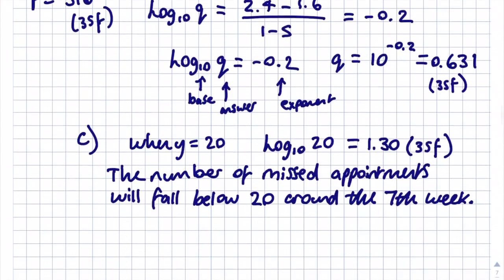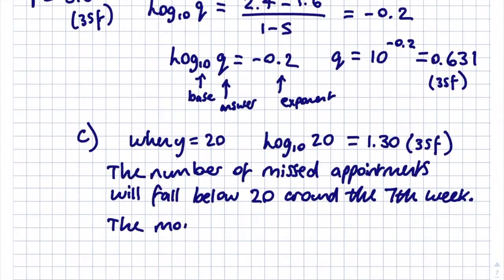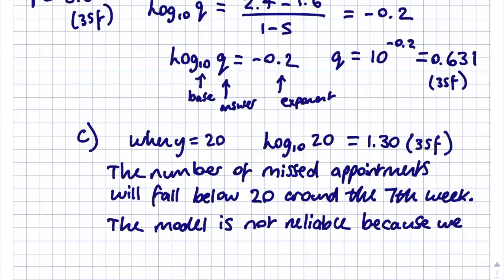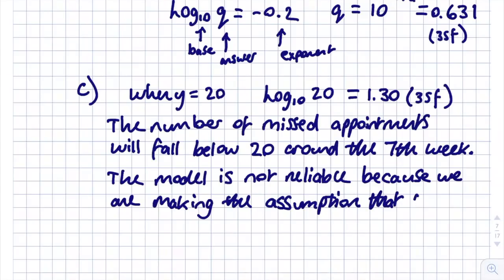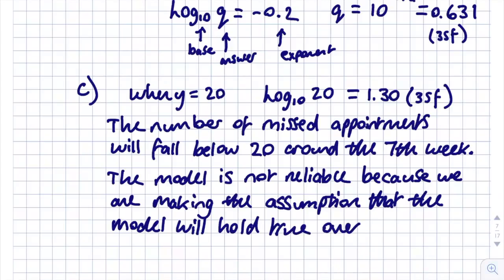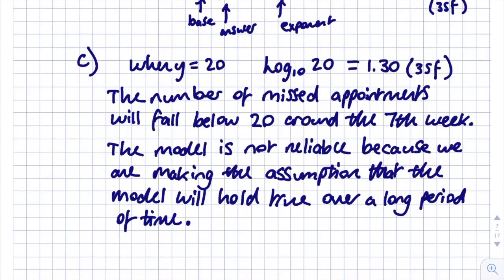The reason it's not reliable is that the model is not reliable because we are making the assumption that the model will hold true over a long period of time. And that is part C.